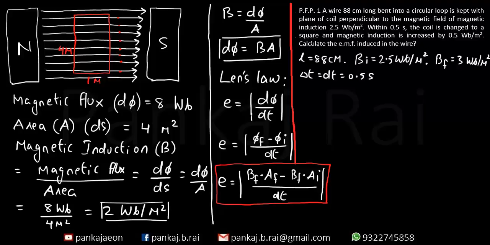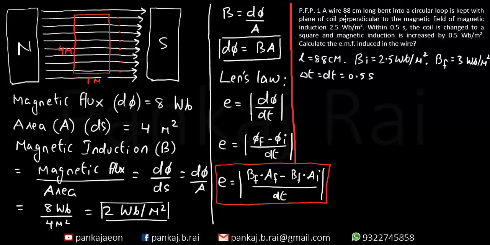We have to see that. So when the magnetic inductions are changing and the areas are changing in the given duration, obviously there will be an EMF induced in the coil and we have to find out the induced EMF. It is so simple. We have to find out the areas of the circle and the square.